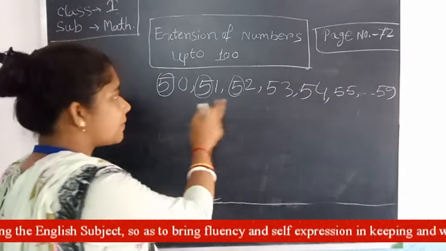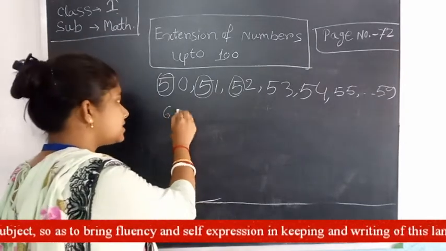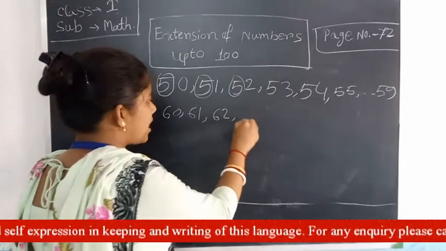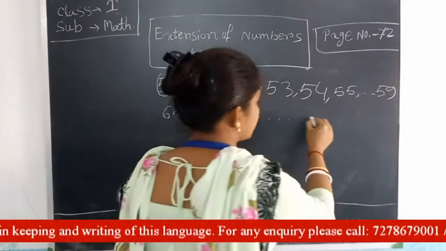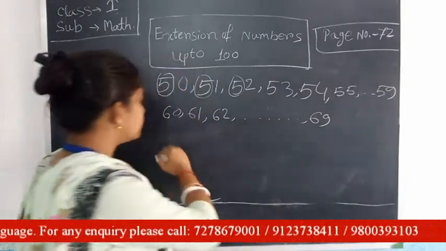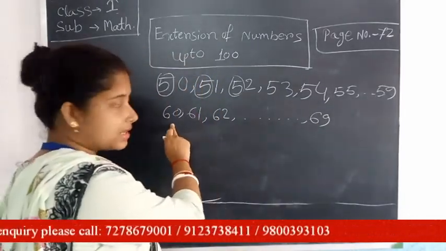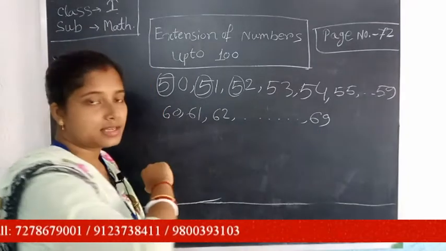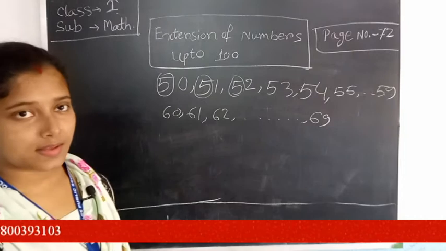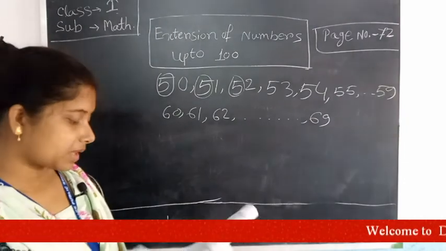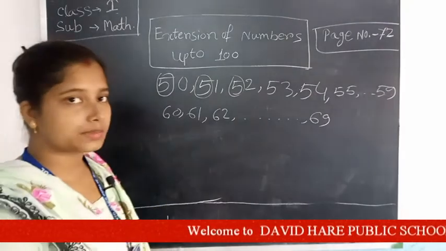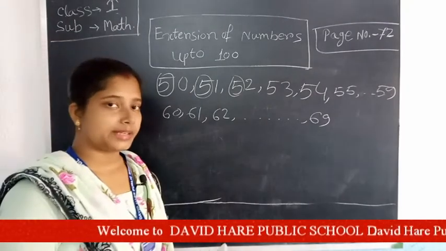Then after 59 the number is 60, then 61, 62 and similarly 69. So from the number 60 up to the number 69 all the numbers are called the 60s, and similarly from 90 to 99 all the numbers are called the 90s.